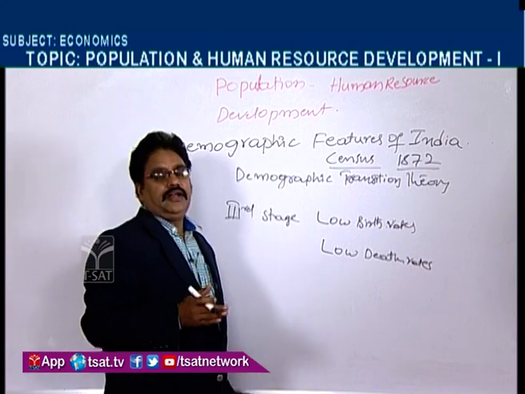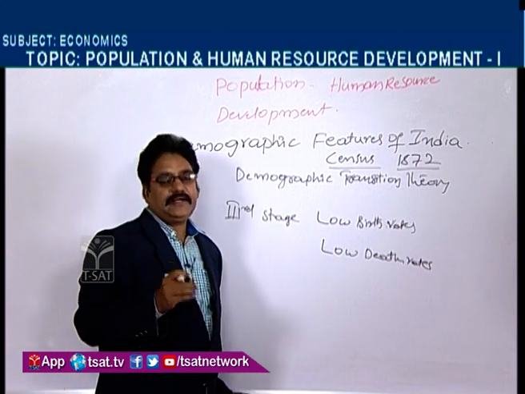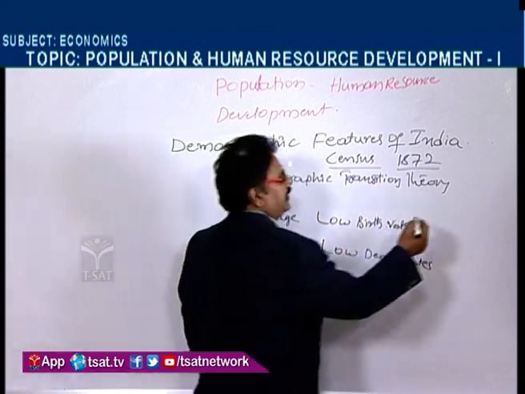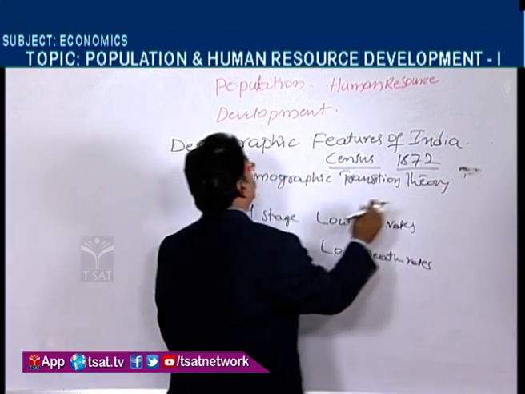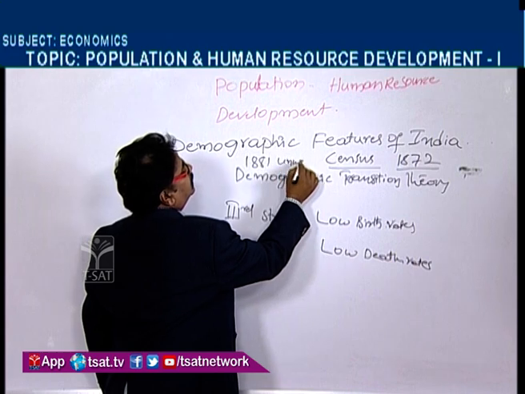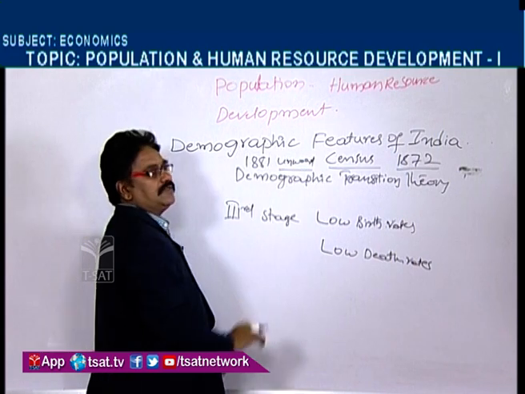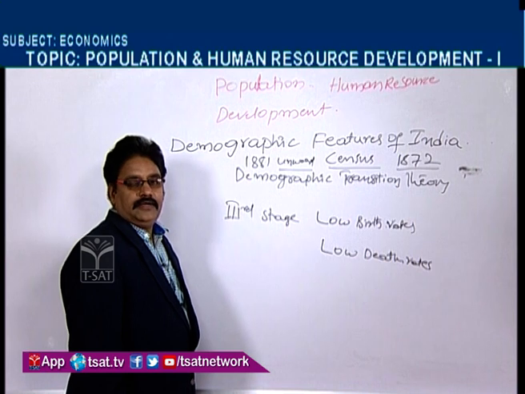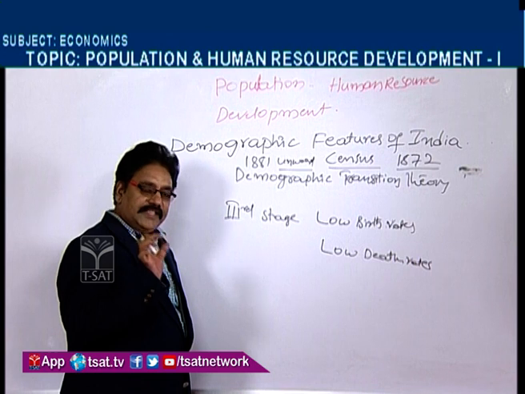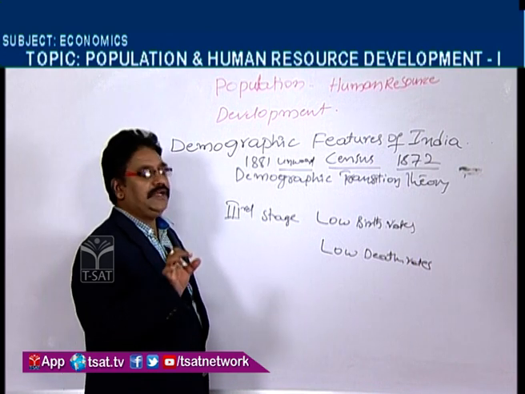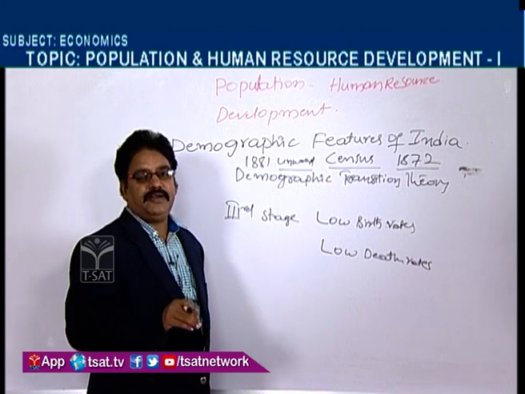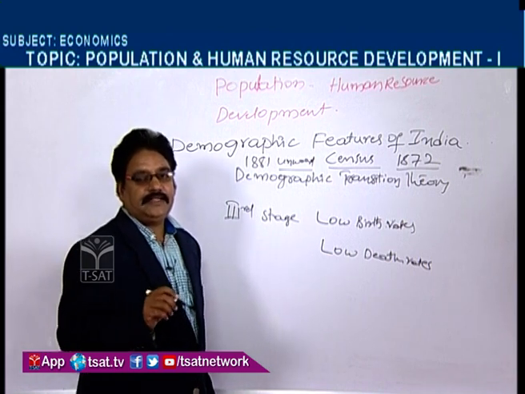Then regularly every 10 years we have been collecting the census, from 1881 onwards. So far, the last census was conducted in 2011. During this period from 1881 onwards, what changes have occurred in the Indian population, we are going to check the details now.